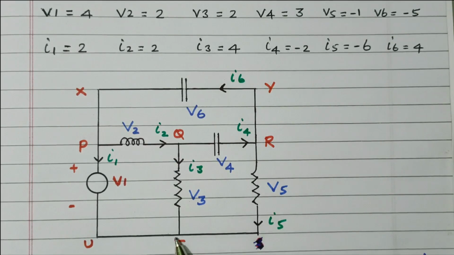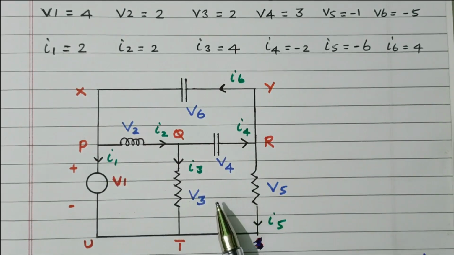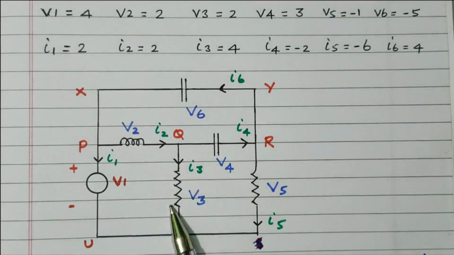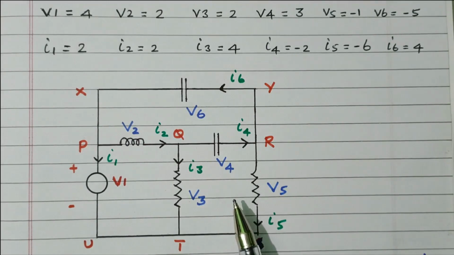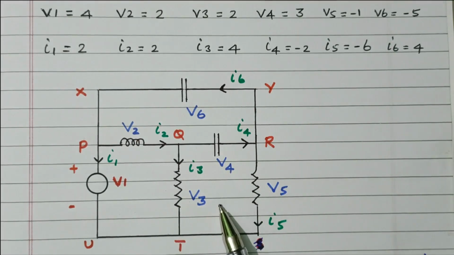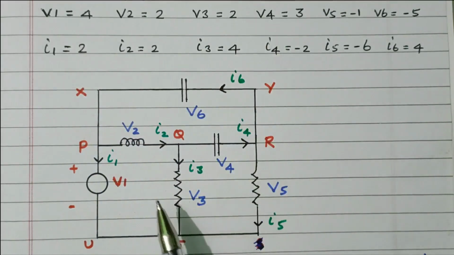We are going to analyze the voltage for each and every loop. That should be equal to the voltage given. Similarly, we are going to verify the loop current. So instead of power, we are going to verify the voltage of each loop and the current of each loop. That should be equal to 0, or as given in the values.